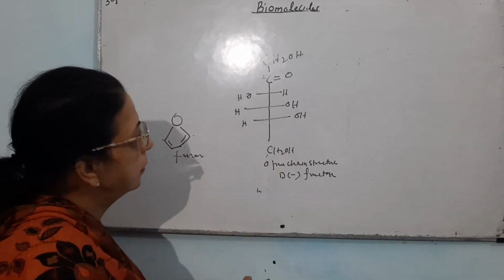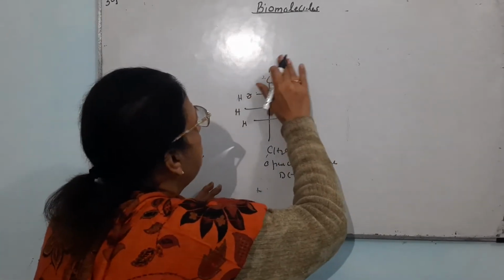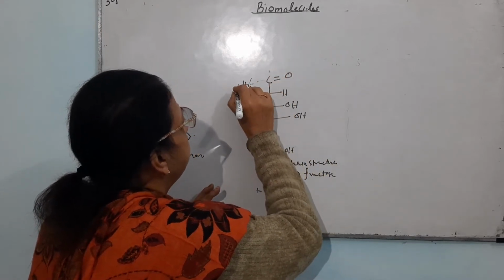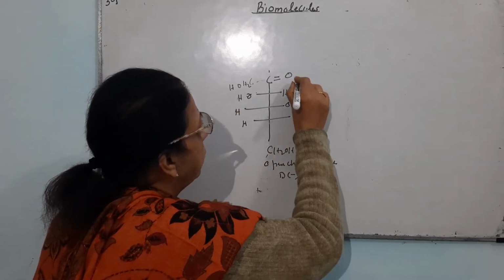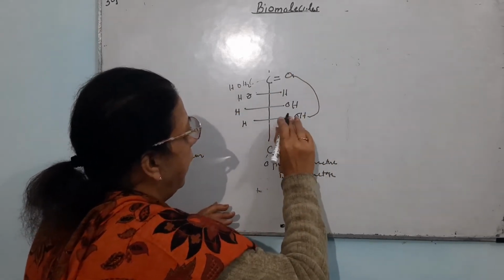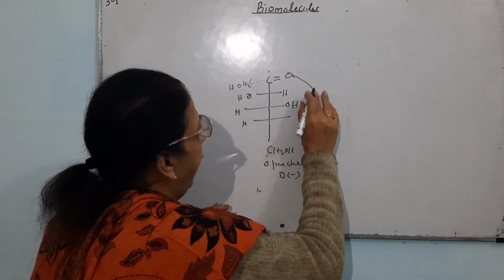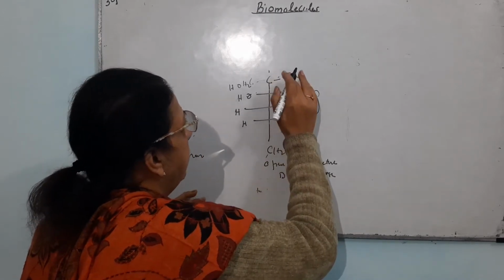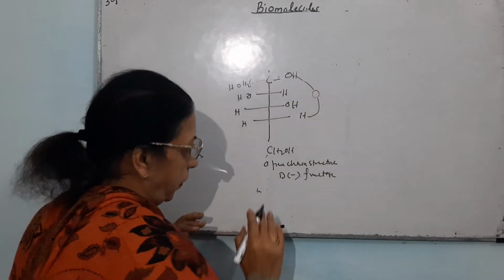When we make the cyclic structure, this CH2OH is written on this side, and then the hydrogen from the fifth carbon attaches itself to the oxygen. The double bond breaks up and there is a formation of an OH group here.